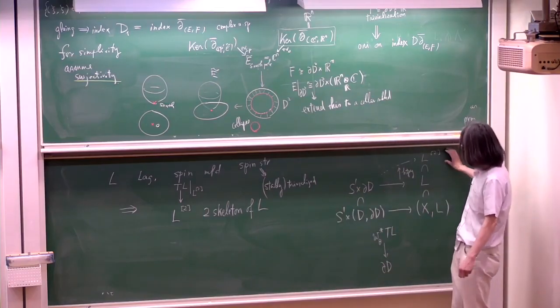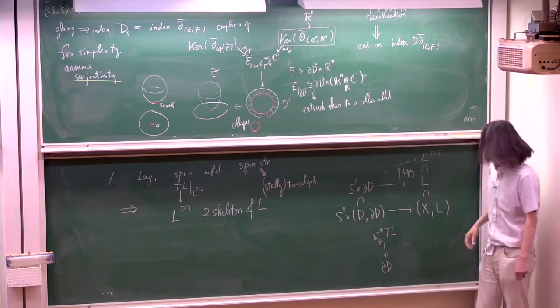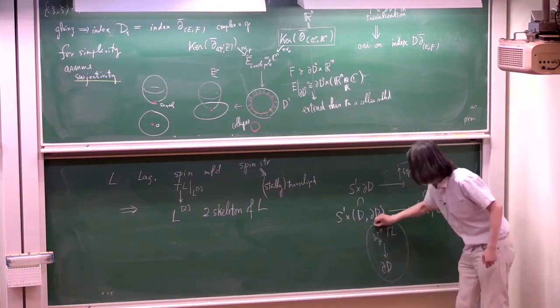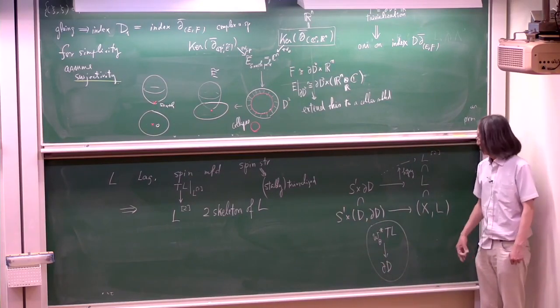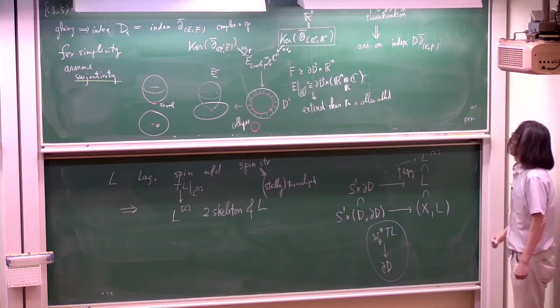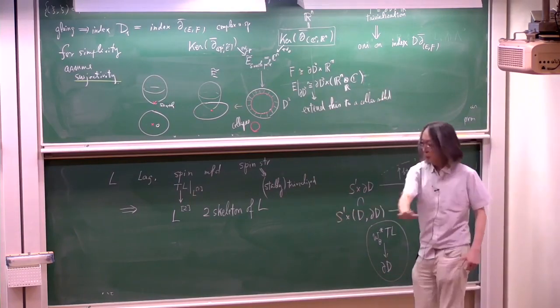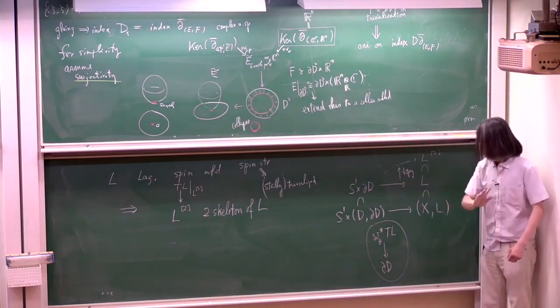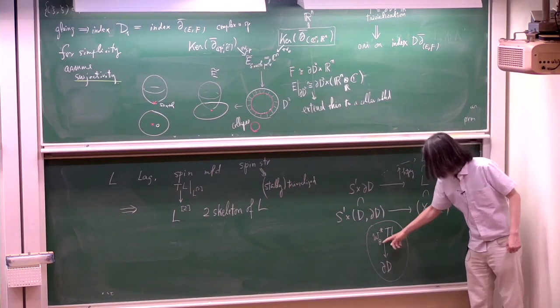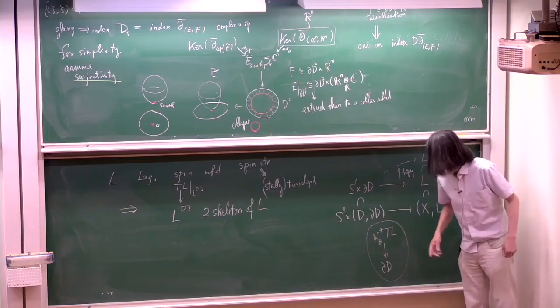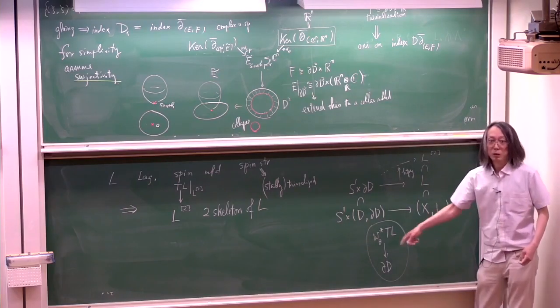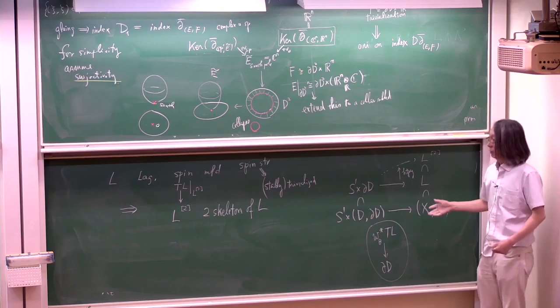Using this trivialization, you can put it back to here, and then you have a consistent family of trivializations. So at each theta, this kind of orientation is defined, and so this is consistent. Therefore, as theta moves on S1, I actually get the oriented bundle. So this is actually the orientation issue.